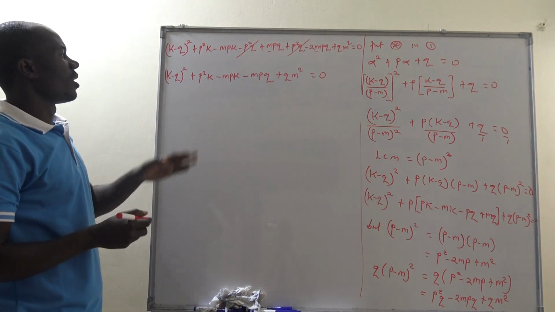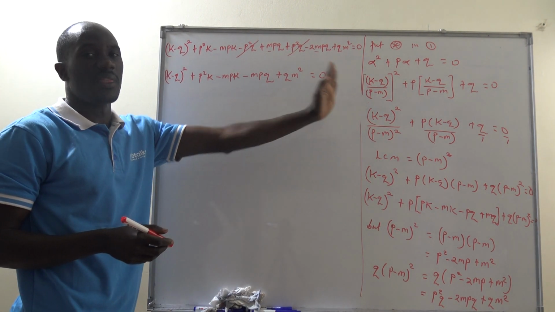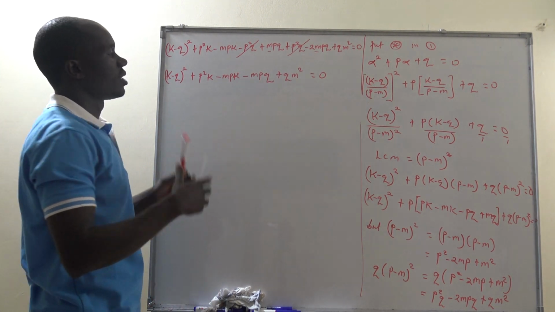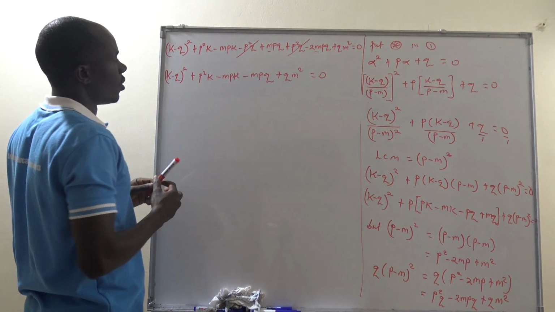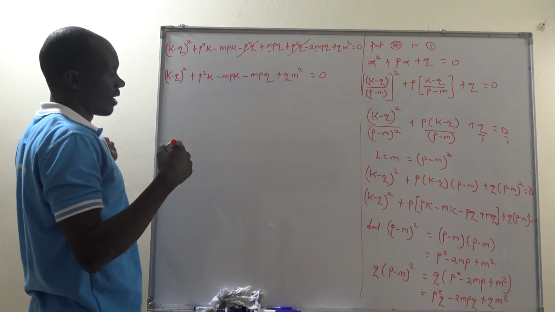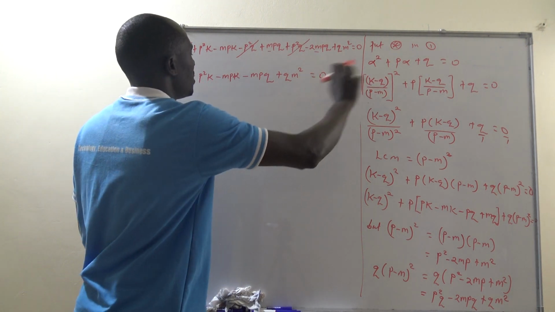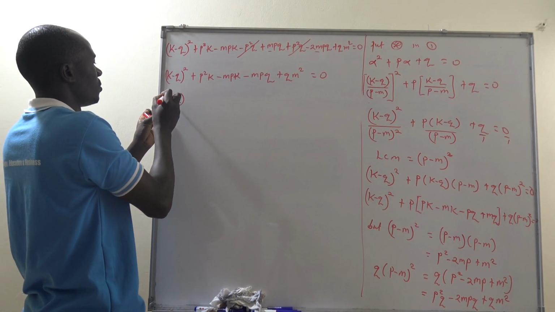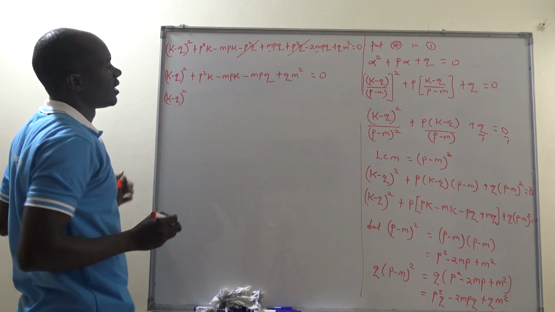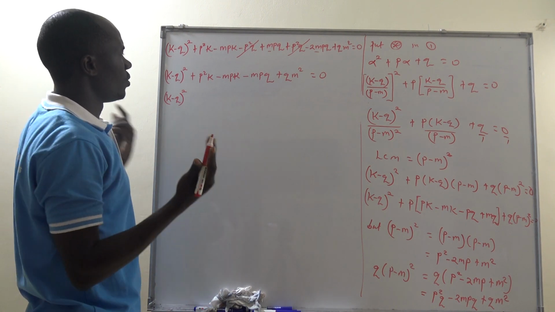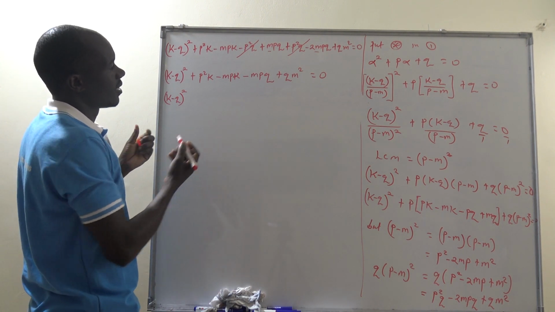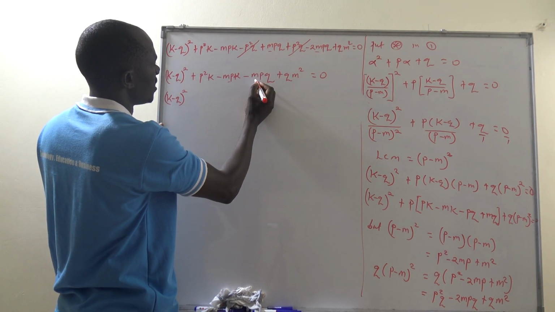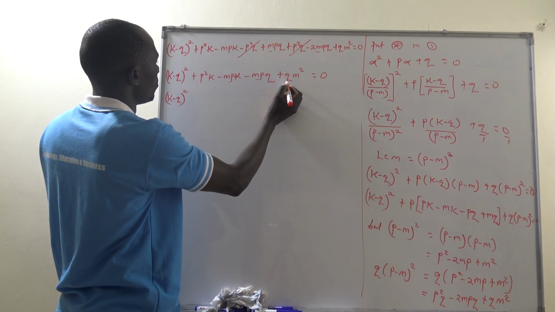Then from there we are free to take all these terms to the other side, or I can even collect terms first. Let's first take them to the other side. So we remain with (k − q) the whole of it squared, plus, let us look at those which are common, like mpk, and here there is mp, then q.